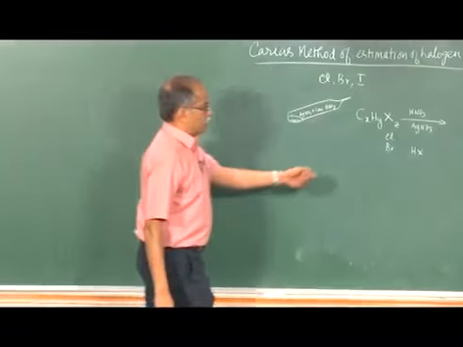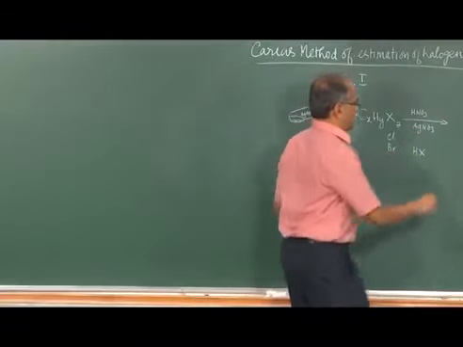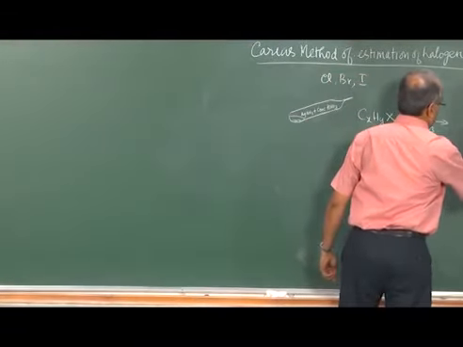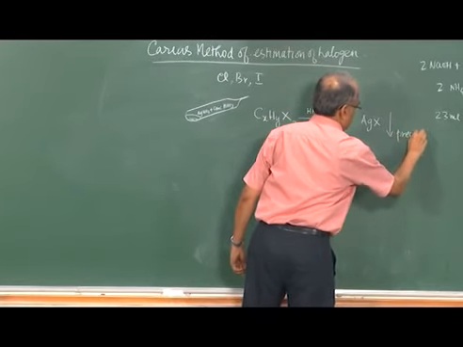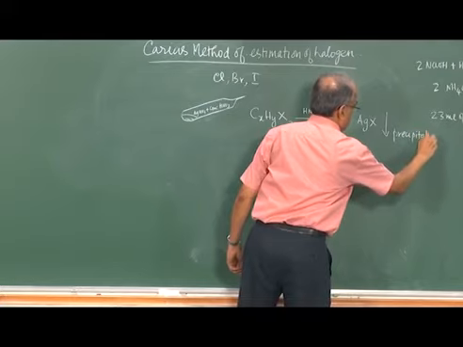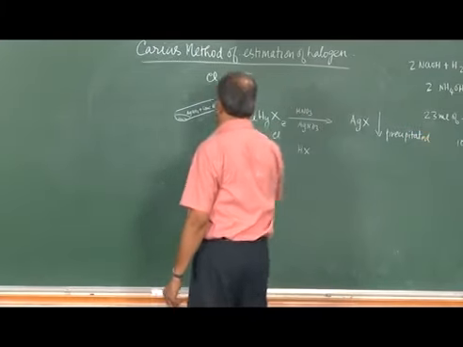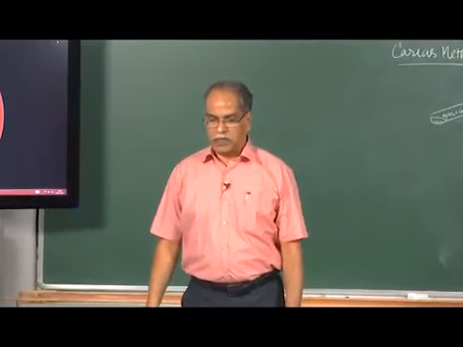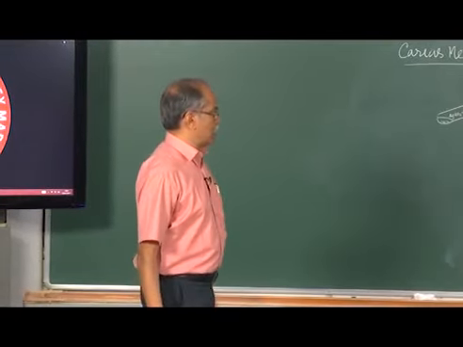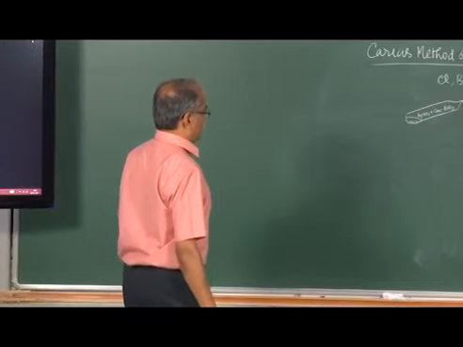The HX reacts with the silver nitrate, producing silver X, which is precipitated. So, at the end of the reaction, you will see a precipitate in the Carius tube. That precipitate is filtered, washed thoroughly and dried.